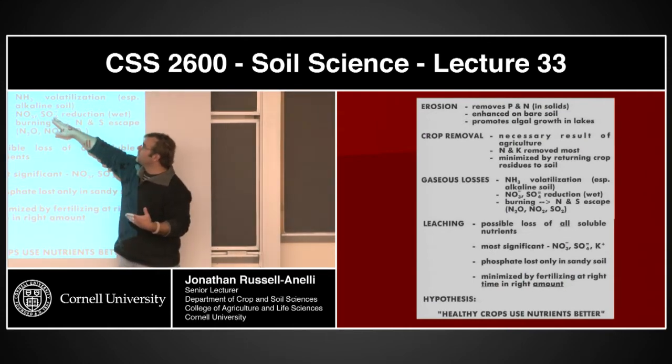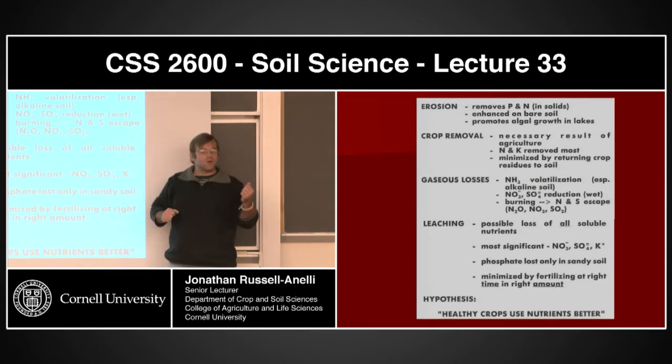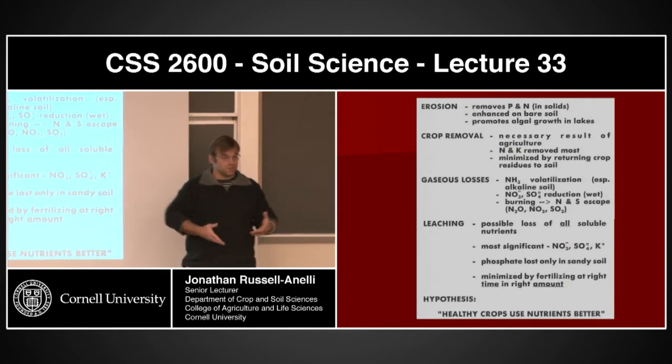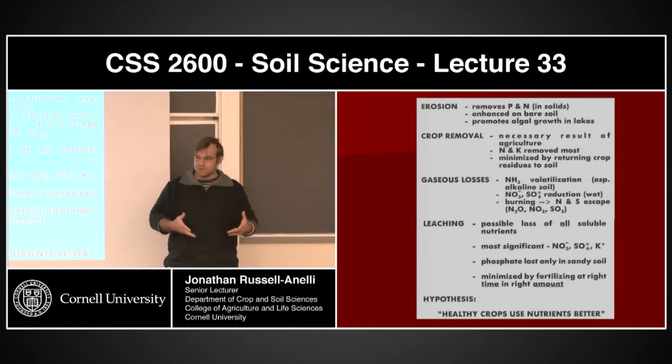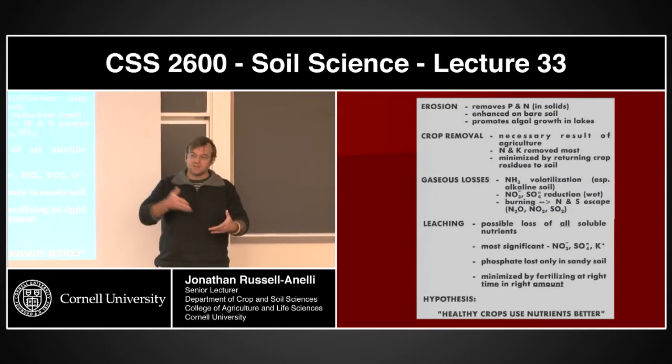And also potentially when the system starts going anaerobic, if I start having something like denitrification, I'm taking it from nitrate and putting it into N2. The nitrate is an available form. Yes, it can be leached, but as it is converted into N2 gas, it becomes volatile, which means it can be lost from the system.